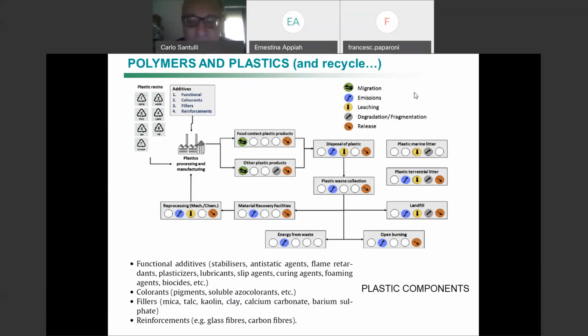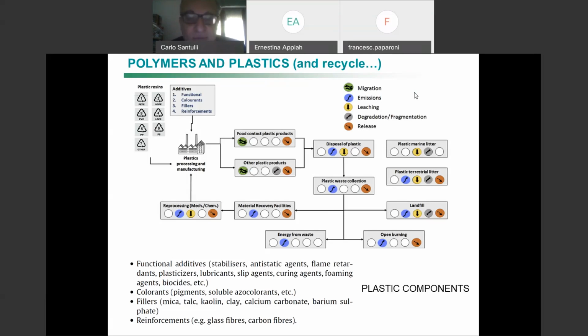That's why in some cases food in plastic packaging needs not to be exposed to the sun, not just because the food would degrade, but also because the plastic degrades. So this would need a lot of discussion, but let's go forward and try to understand better what's the matter with all this.